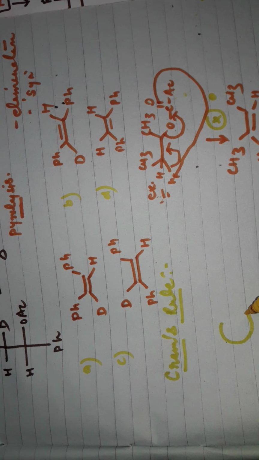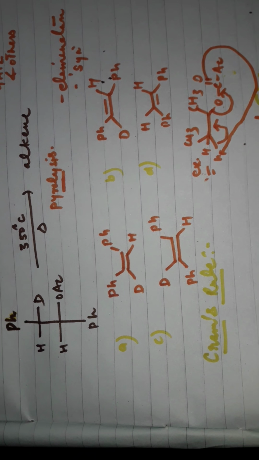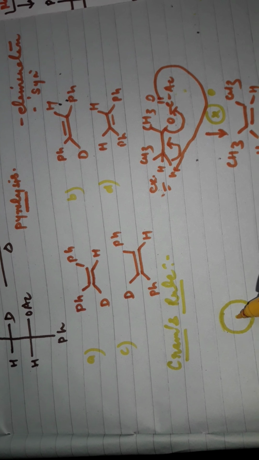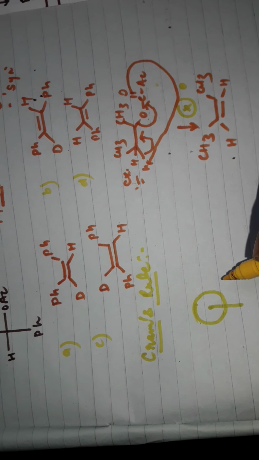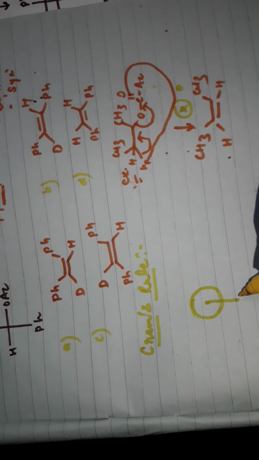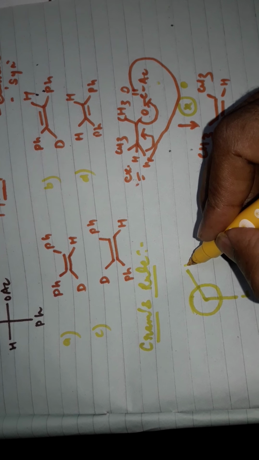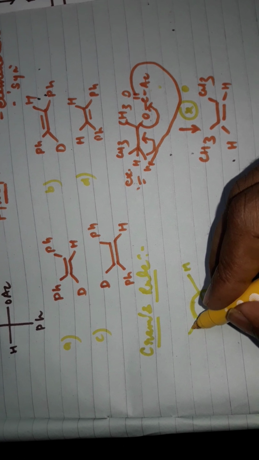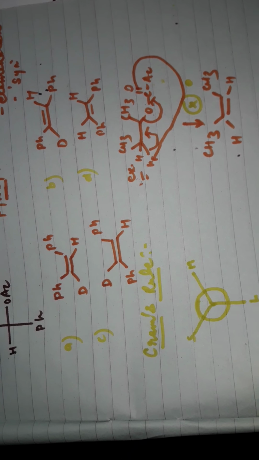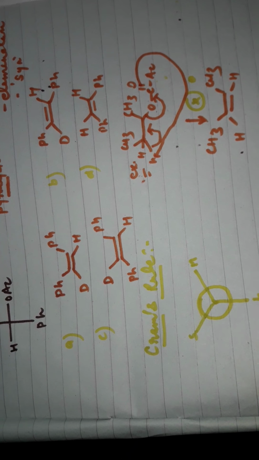Suppose that this is the center point, and in this direction the group will be the larger group, in this direction the group will be medium, and in this one it should be smaller. If we apply from this side, this side Ph is the larger group, so Ph should be larger.